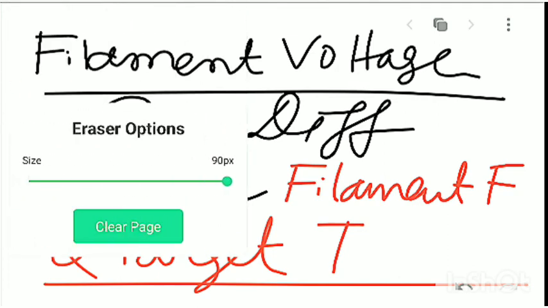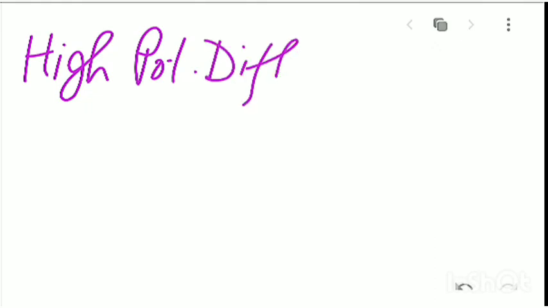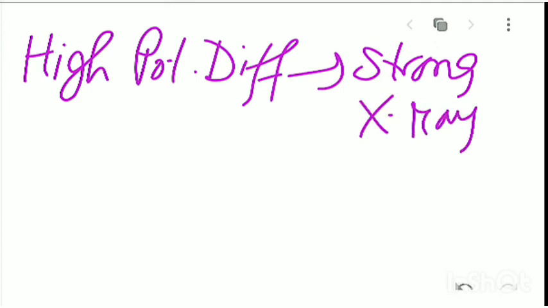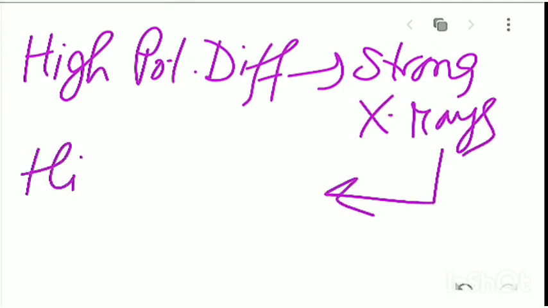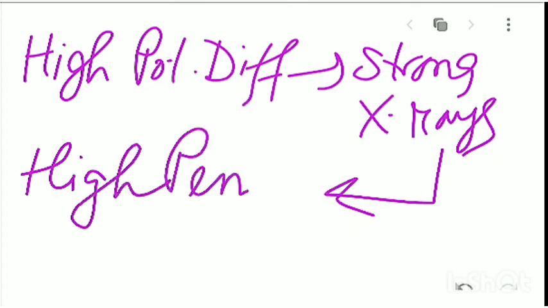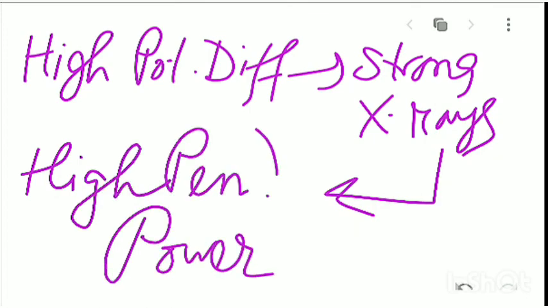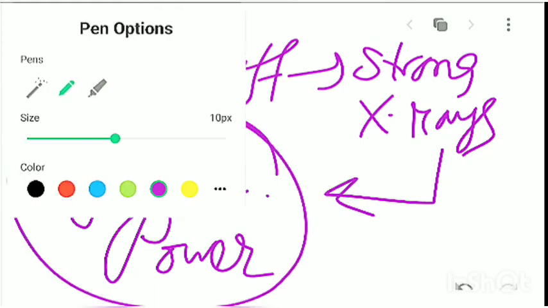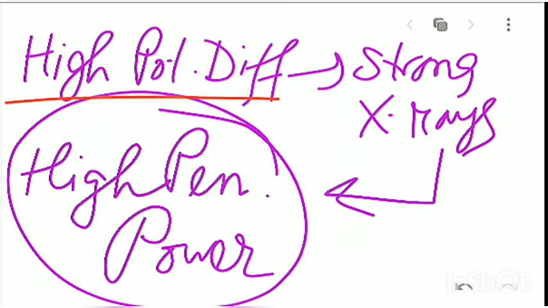High potential difference will give me strong X-rays, and strong X-rays will have high penetrating power. So if I provide a higher potential difference, I will get higher penetrating power. And similarly, if I give a lower potential difference, I will get lower penetrating power. Clear?